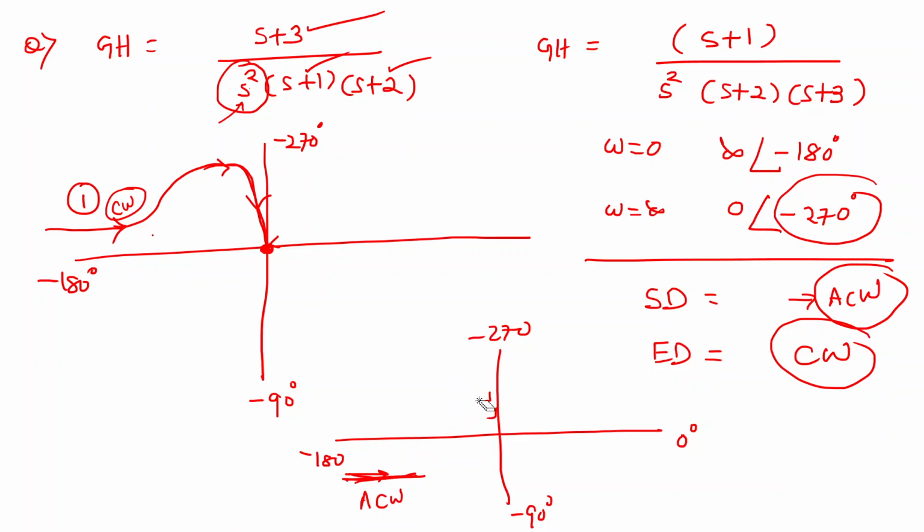If it is anti-clockwise, then minus 270, you have to come like this. But as the ending direction is clockwise, you have to cross the line and come here. This is the path.